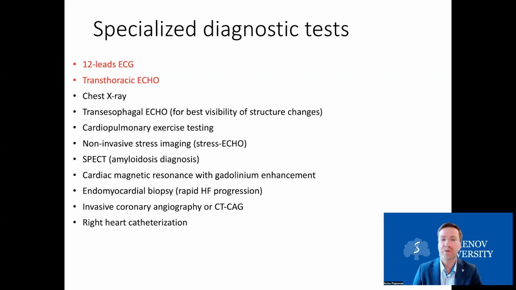Transesophageal echo could be done for the best visibility of structural changes, for example, in a patient with valvular heart disease, suspected infective endocarditis, or suspected intracardiac thrombus, and so on.